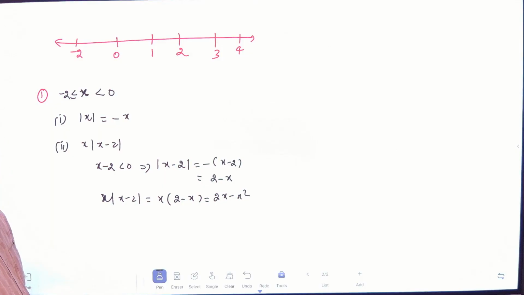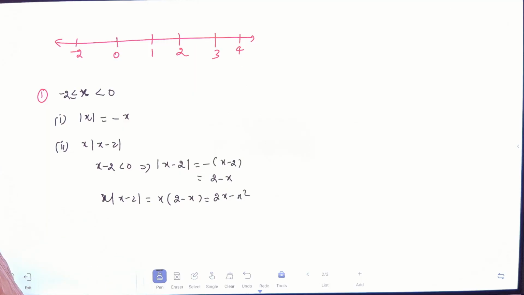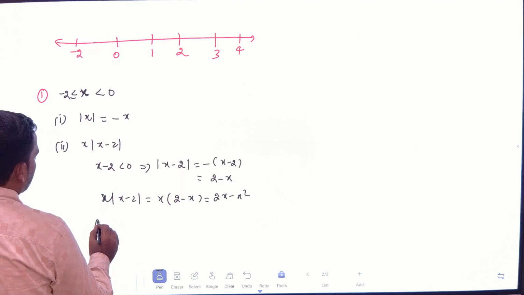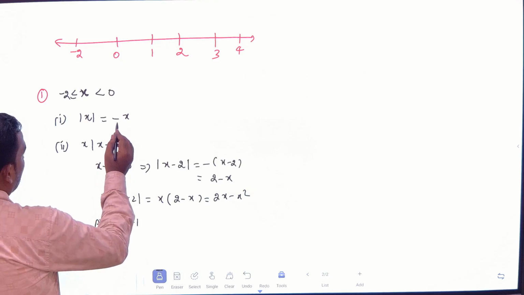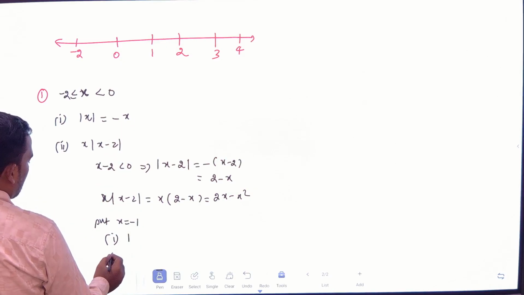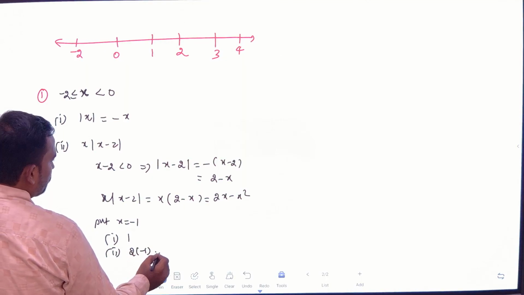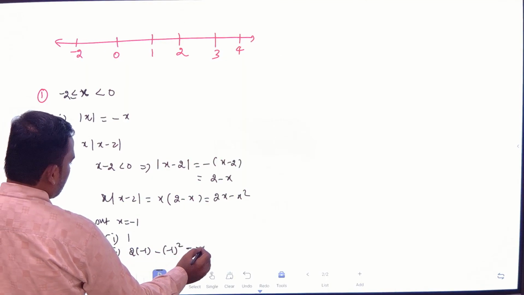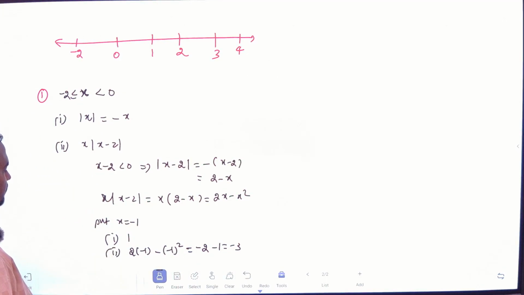Okay. So now how to find the maximum of these two functions? Which function is the maximum? How to check it here? You can check any one number. Let's take minus 1, put x equal to minus 1. Then the first one will be minus of minus 1, which is 1, and the second one will be 2 into minus 1, so minus 2, minus of minus 1 whole square, this is minus 1, so it is minus 3.